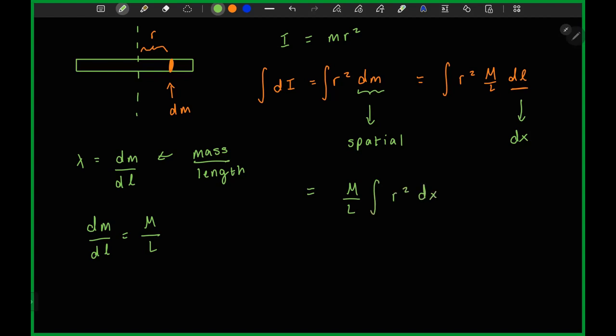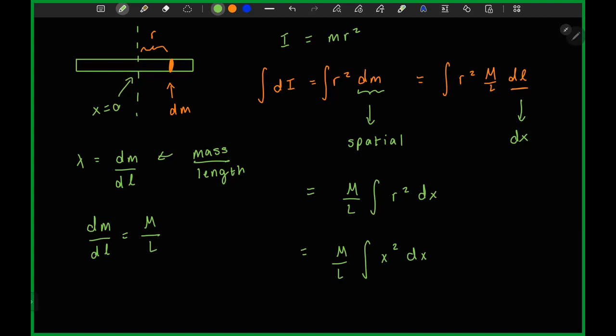Next step, I'm going to introduce a coordinate system. We'll say x equals 0 is the center of the rod. And with that established, if I know the x coordinate of my dm, r squared is exactly equal to x squared. And so I'm left with m over L integral x squared dx.